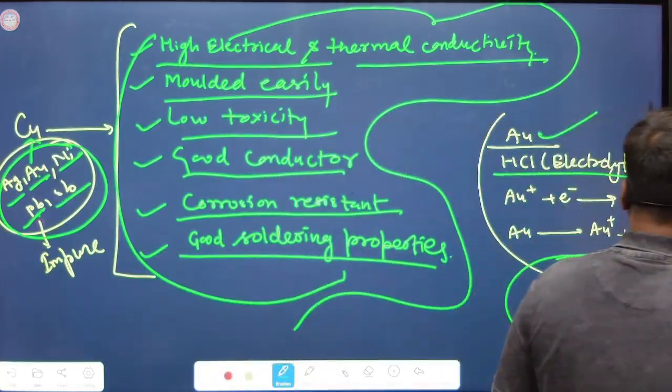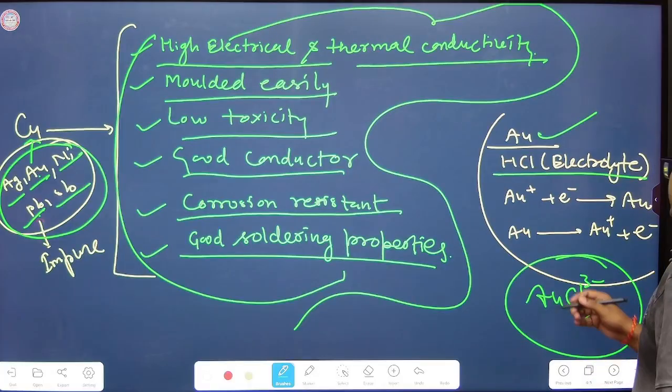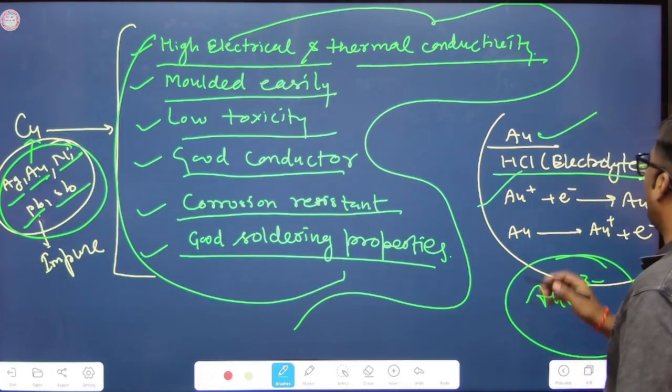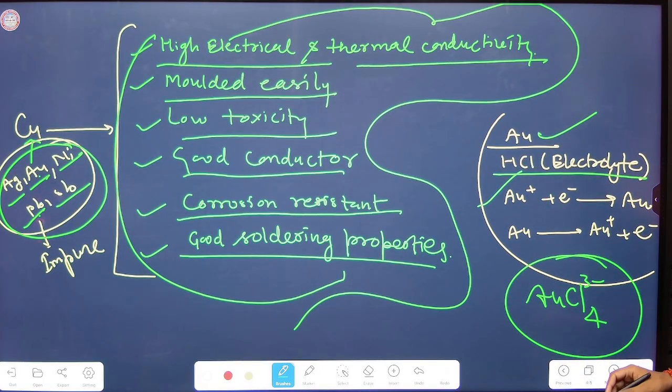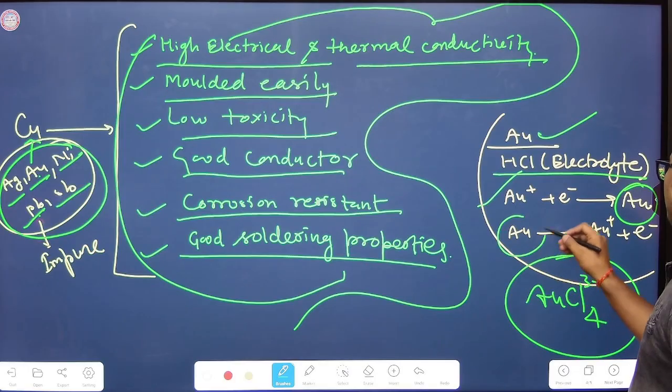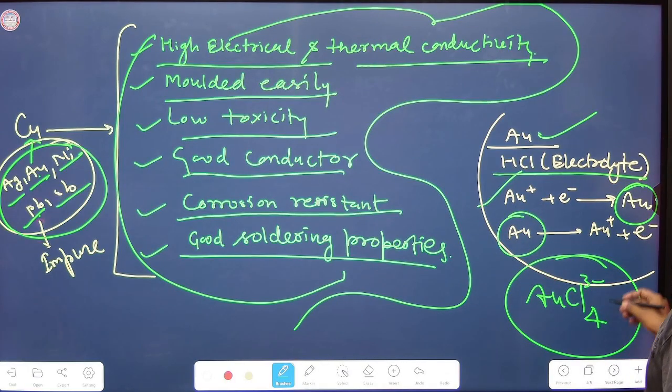So what actually happens at the cathode: gold in the first oxidation state gets reduced by receiving just one electron from the cathode, forming gold, Au. And Au gold gets dissolved from the anode by just releasing an electron.